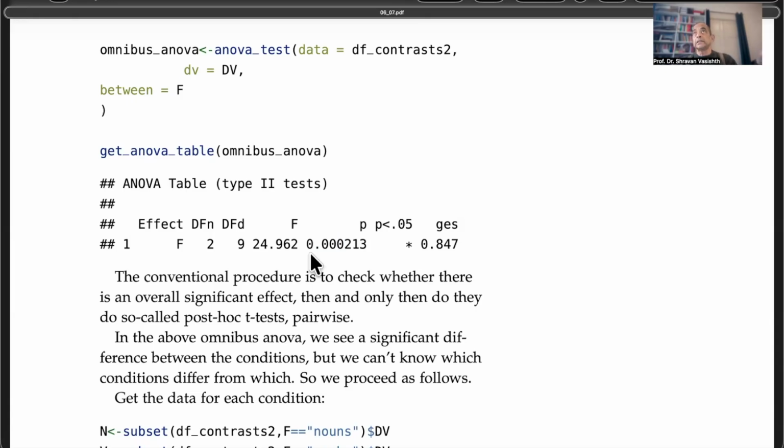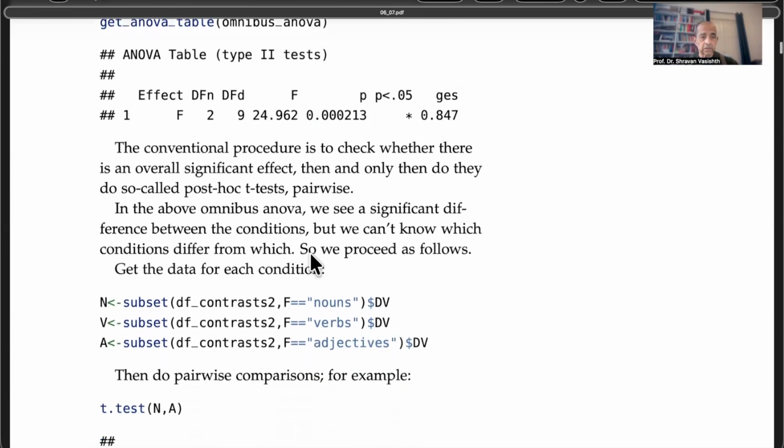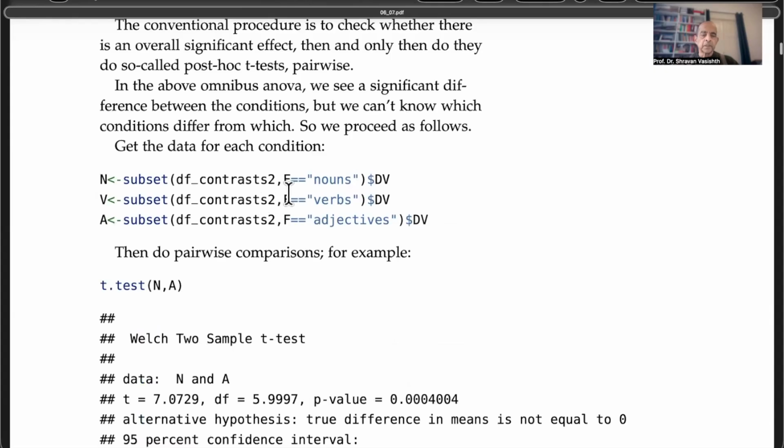I mean, I can now get excited and say, yeah, I have a significant effect, but I don't know what the nature of that significant effect is. So the conventional thing to do is to look at the 3 levels and do pairwise comparisons, compare nouns with verbs and verbs with adjectives, right? So of course you could compare nouns with adjectives, but if you have n factor levels, you can only do n-1 tests that are informative. The last test is uninformative.